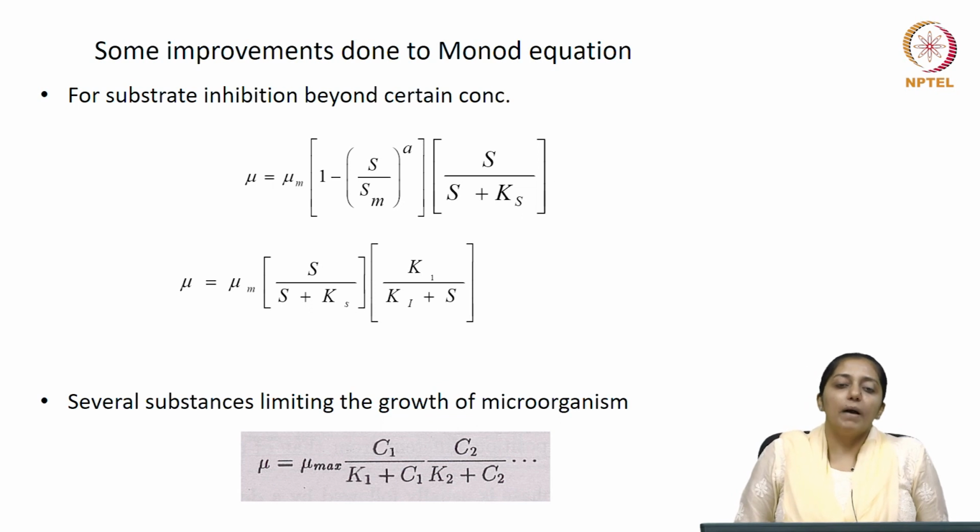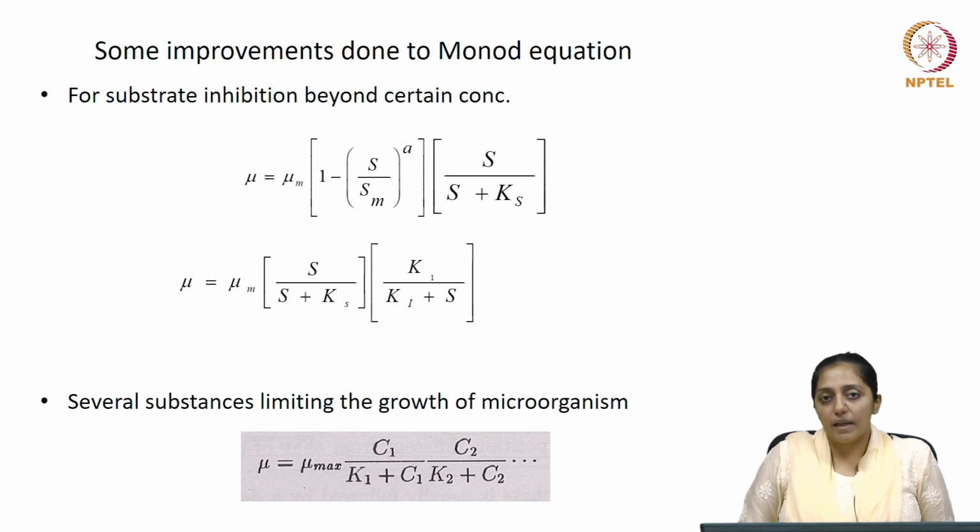Now, apart from Monod's model, there have been other variations which have been made depending on other phenomena taken into account. For example, Monod's model only takes care of the limiting effect of the rate limiting substrate. What if the substrate is showing an inhibitory effect as well?